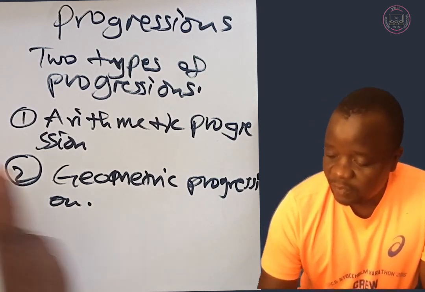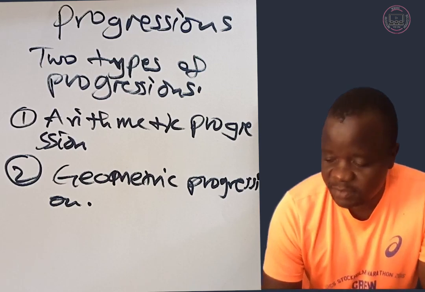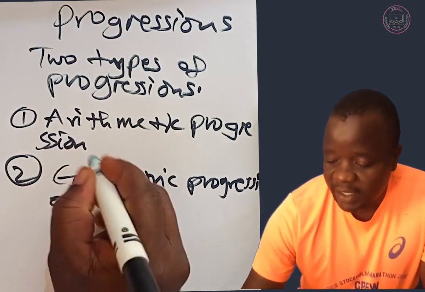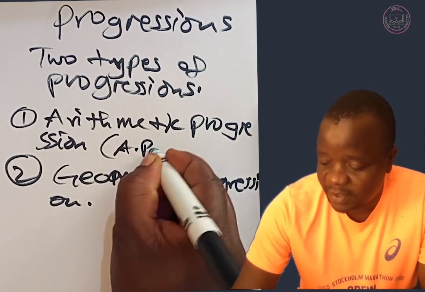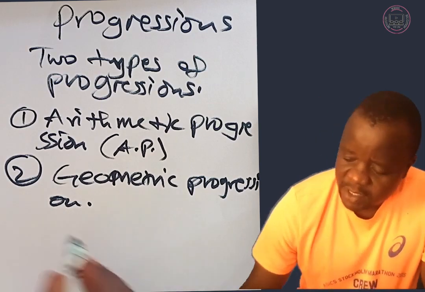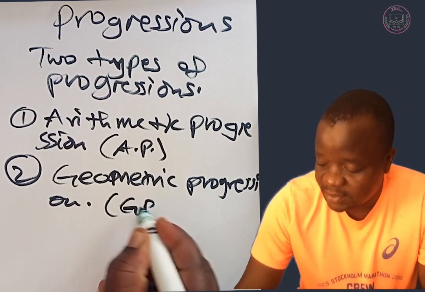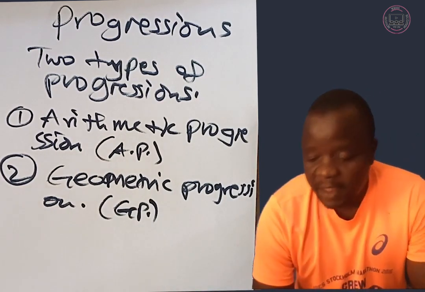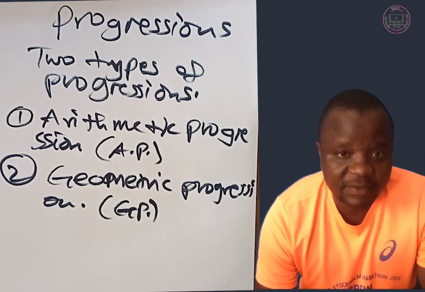We have symbols that are used internationally. An arithmetic progression is abbreviated as an AP, meaning arithmetic progression, and the geometric progression is abbreviated as GP. These are the two types of progressions that we currently have.